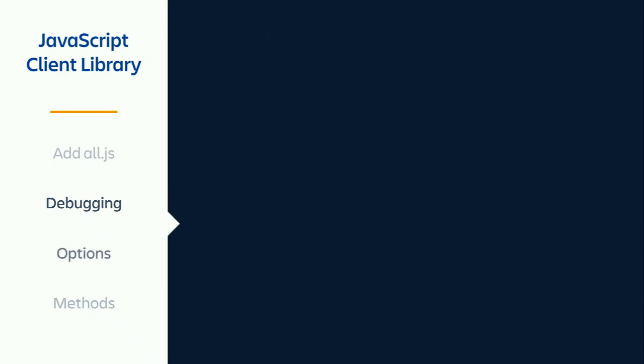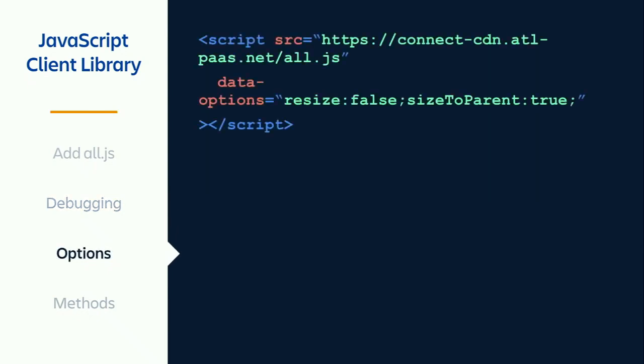The JavaScript library has some configuration options for customizing its behavior. The options are passed using the data-options attribute. You can deactivate the automatic resizing by setting resize equal to false. With sizeToParent true, the iframe will take up its parent's space.